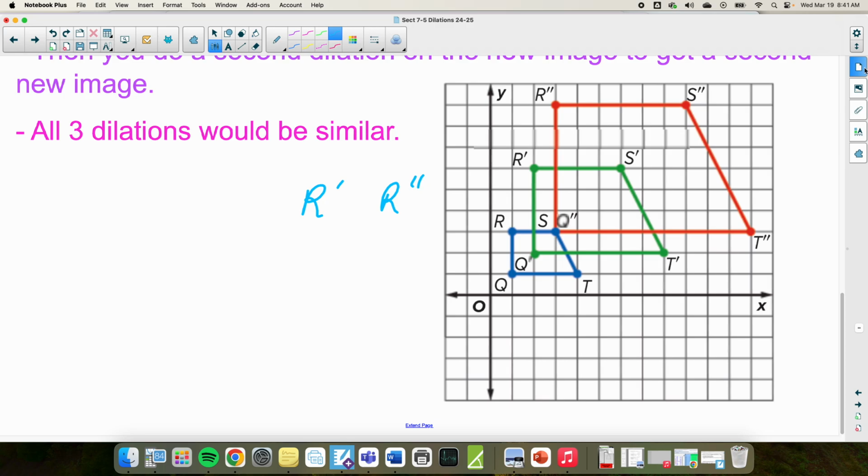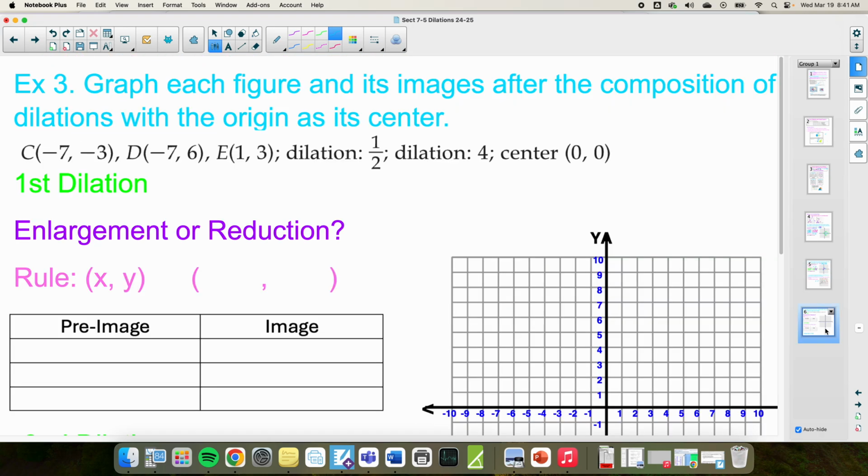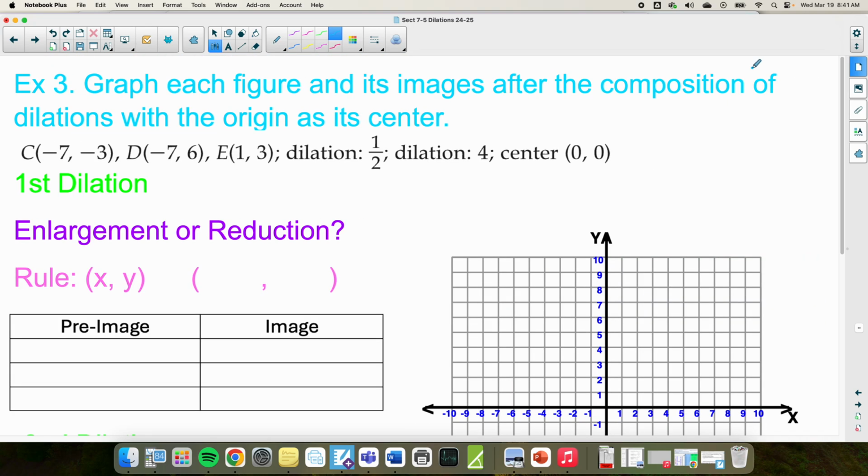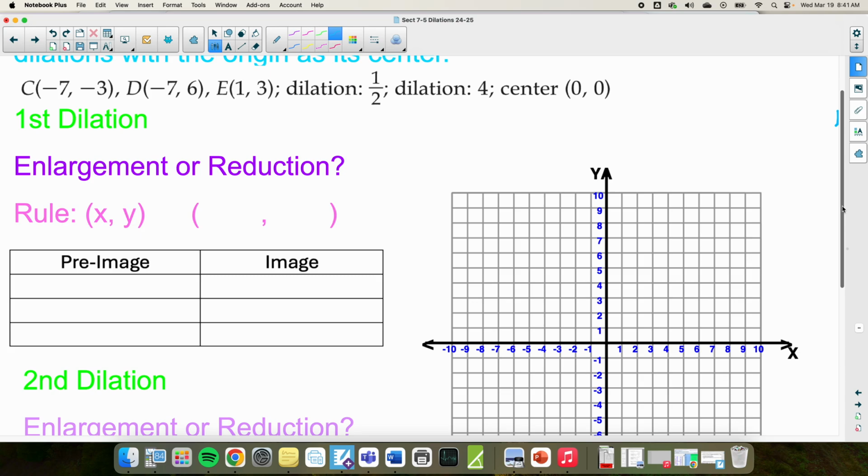So here is what a question would look like where you do 2 dilations. Okay? So, if I go back, what you're going to do is just like we did it, looking just at the dilation. Okay, first dilation. And the first dilation is 1/2. So that means that first dilation is a reduction.